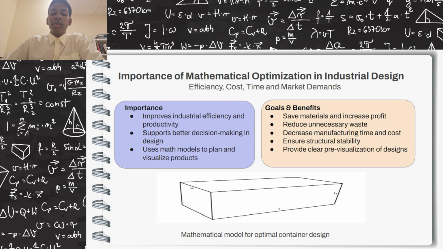Mathematical optimization also helps ensure that whatever is being designed is structurally stable and safe. And one of the biggest advantages is being able to visualize the final product clearly before it's made. This reduces the chance of mistakes and helps teams create designs that meet technical requirements. Overall, it makes the whole design process smoother, smarter, and more reliable.